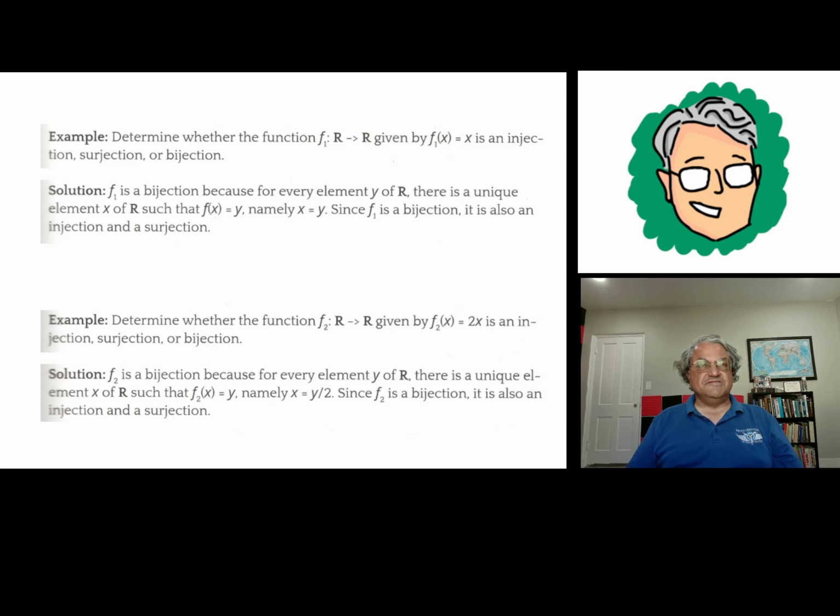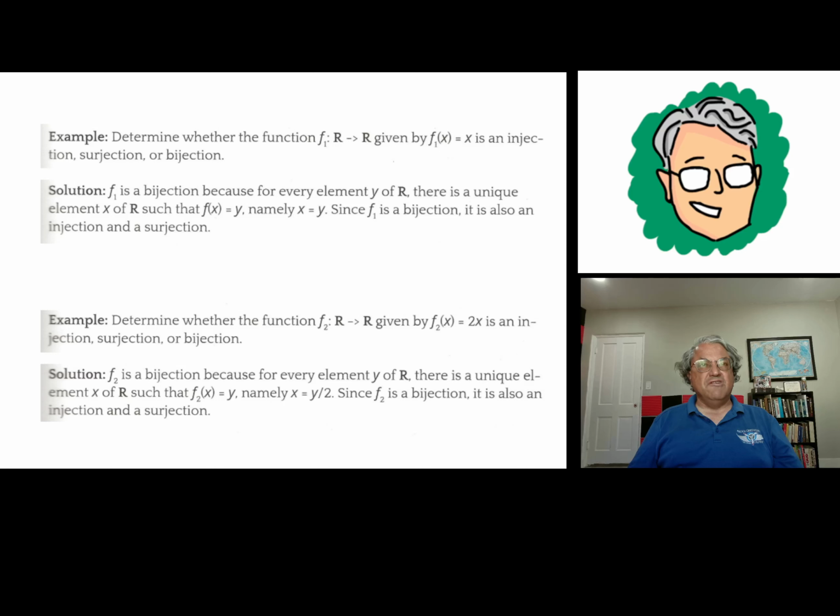But what is this thing? Is it an injection? Yeah, it is, because for every value y, it's just x. So there is a unique value of x for every value of y, namely x. And then is it onto? Well, yeah, because the range is obviously all of R, because y is equal to x.